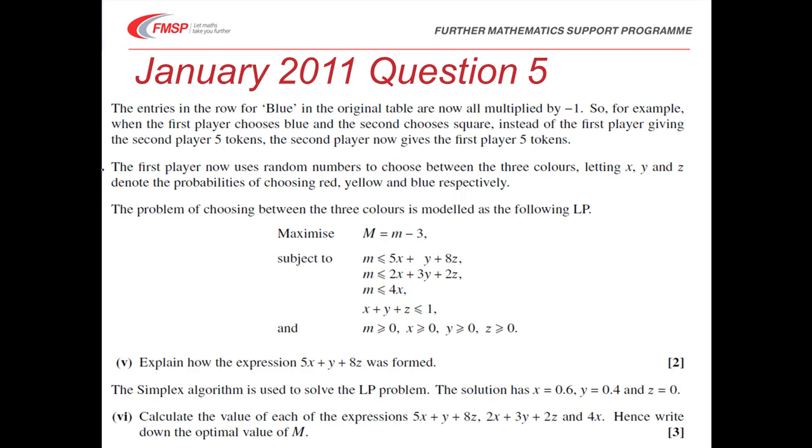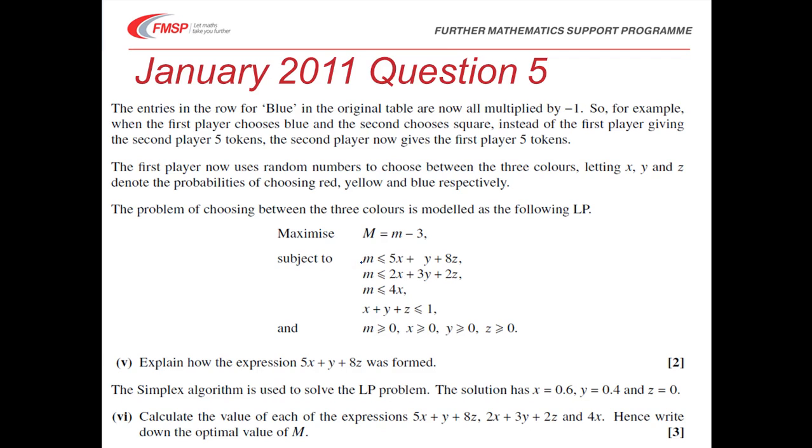The first player now uses random numbers to choose between the 3 colours, where x, y and z denote the probabilities of choosing red, yellow and blue. And the problem is then modelled as this linear programming problem. So this is our model. In part 5, we've got to explain where the expression 5x plus y plus 8z comes from.